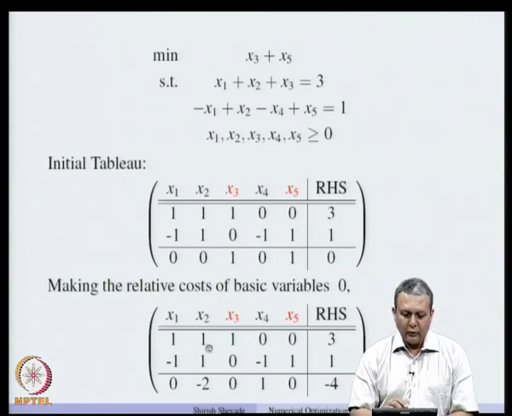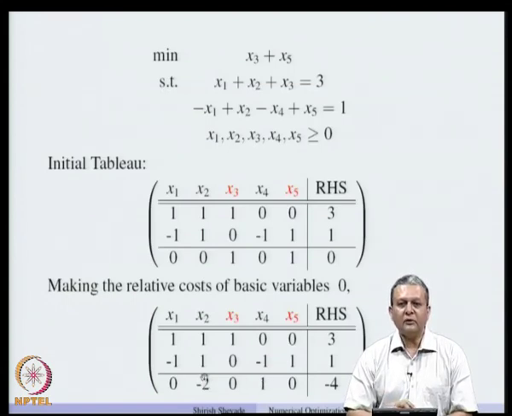Now, you will see that for the non-basic variables x1, x2 and x4, the relative costs are 0, -2 and 1. So, clearly not all relative costs associated with non-basic variables are non-negative. That means that x2 is a candidate for becoming a basic variable.